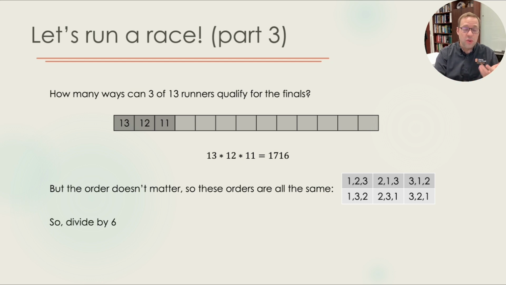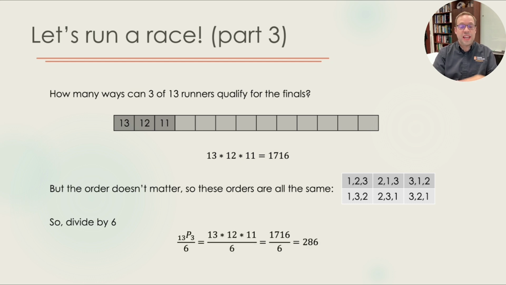So what we're going to do is divide out all of those 6 different rearrangements. So we're going to take the permutation of 13 runners selecting 3. So that's 13 times 12 times 11. And we're going to divide out the 6 different ways we can rearrange them. And that gives us 286.